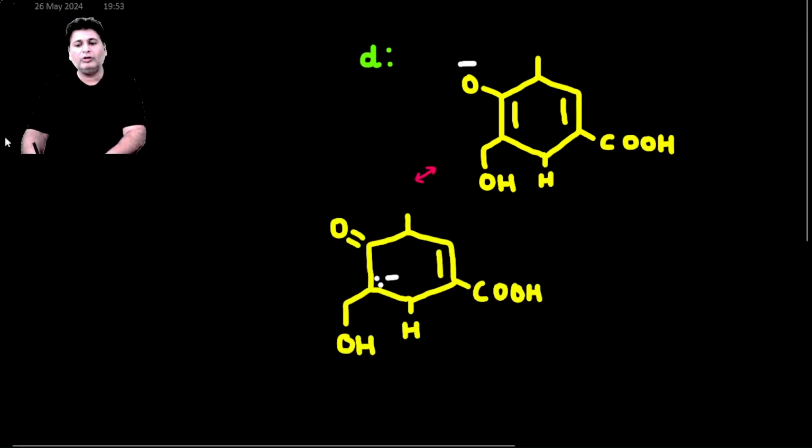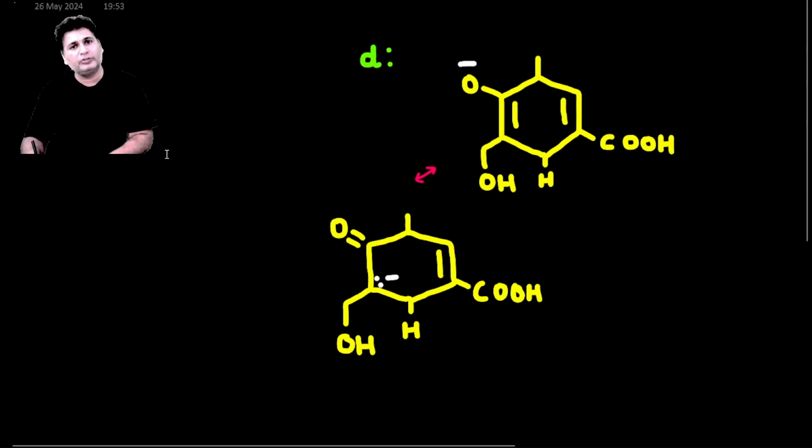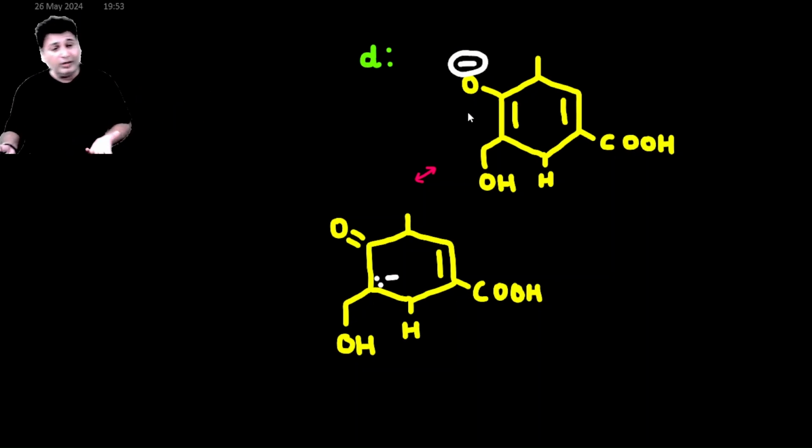Now coming on to the hydrogen number D, as you can see, the hydrogen number D was attached with this oxygen. So we are going to remove it from this position, and as you do that, the minus charge comes on this oxygen. Now again, oxygen is a good element to hold the minus charge, first of all, and second of all, you should understand the resonance possibility is also present. How?